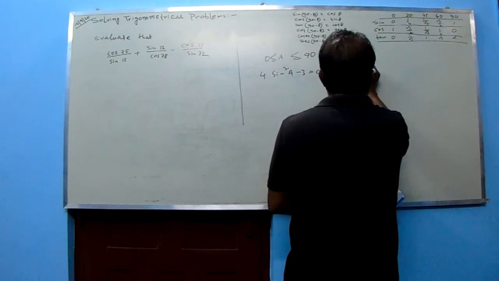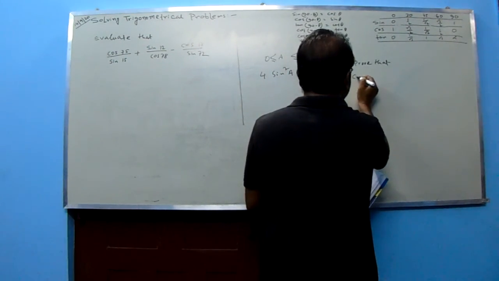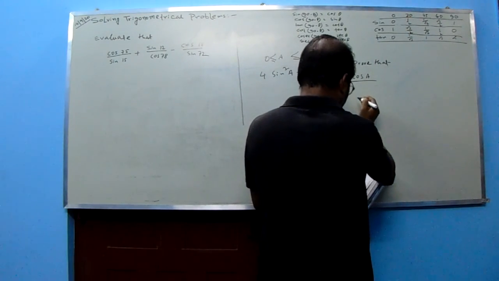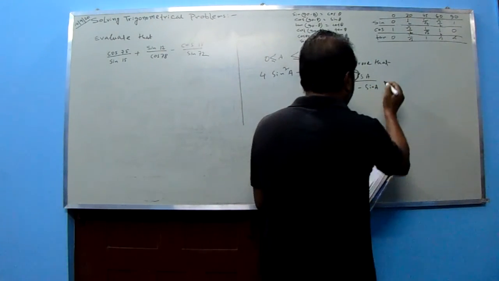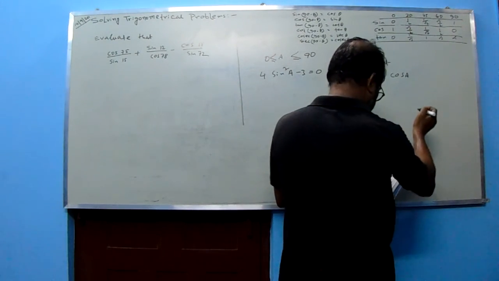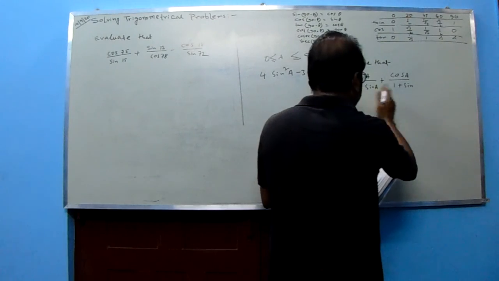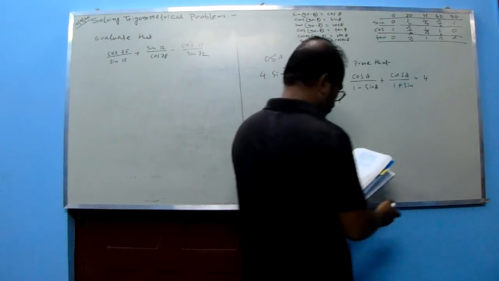Another math they have given is to prove that cos A by 1 minus sin A plus cos A divided by 1 plus sin A is equal to 4.